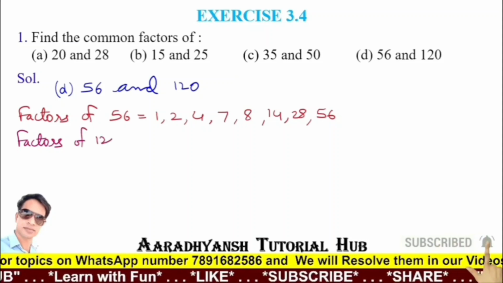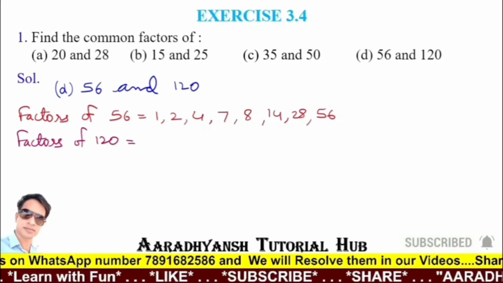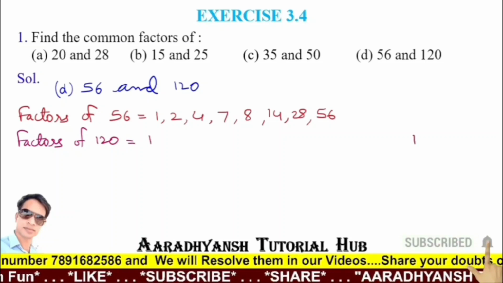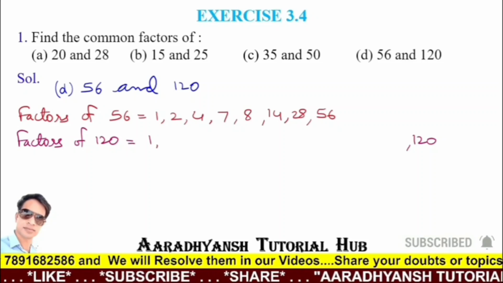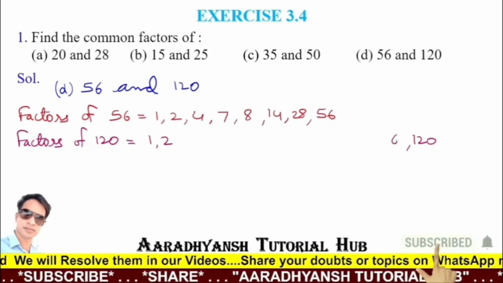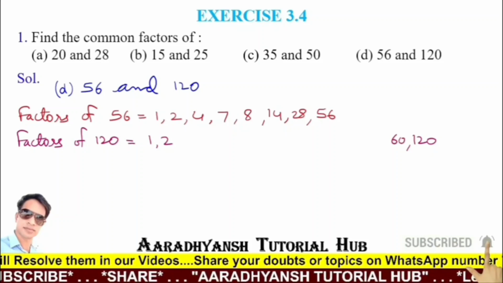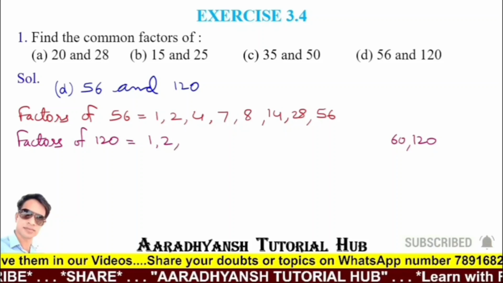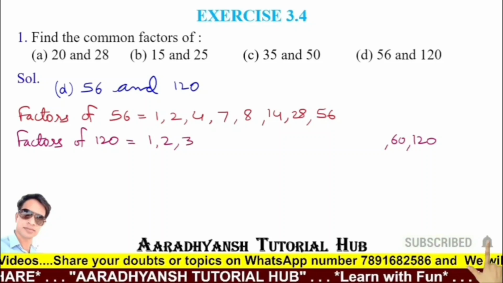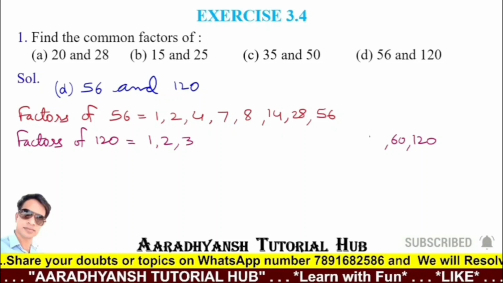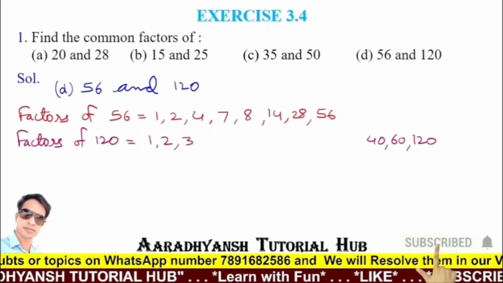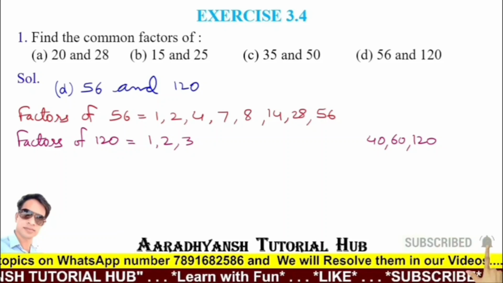Factors of 120. 1 and 120 and 2 and 60. 2 into 60 is equal to 120. So these are factors of 120. The next will be 3 and 40. Find the factors in pair, okay, whose product is 120.